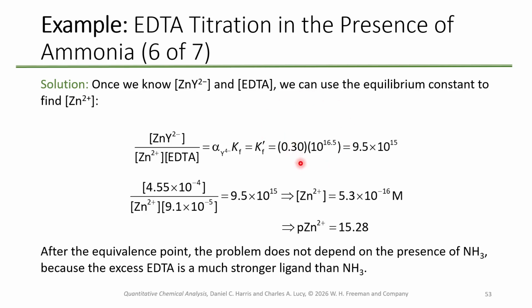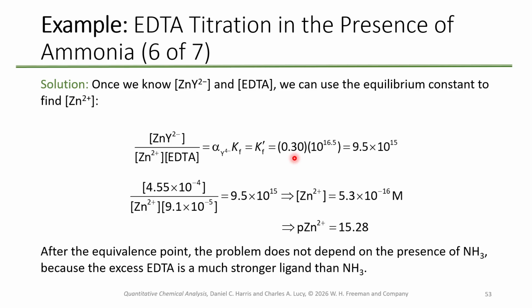And so it's going to be 0.3 times 10 to the 16.5. Again, we get that from the table for zinc binding to EDTA. Okay. Where did the 0.3 come from? That's our fraction of the EDTA at pH 10, isn't it?